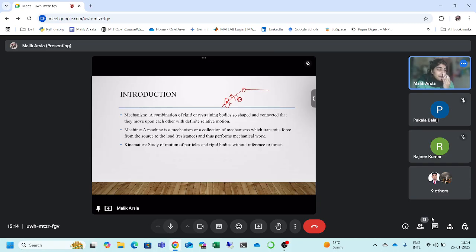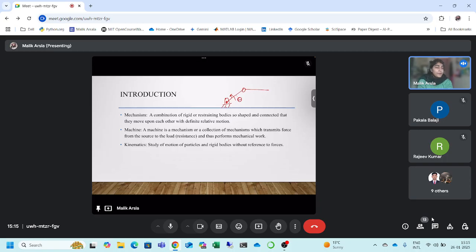For example, in kinematics we study the motion of particles and we consider basically their velocities only, which you will further do in velocity analysis. The force causing those velocities, we do not bother about. We just deal with how the velocities relate to each other.